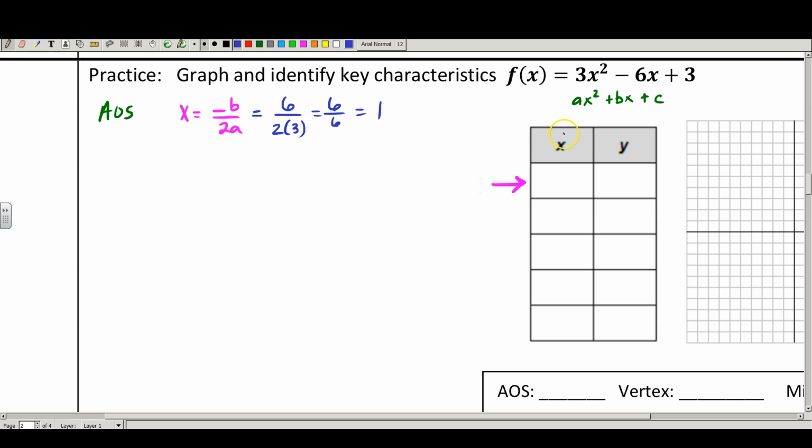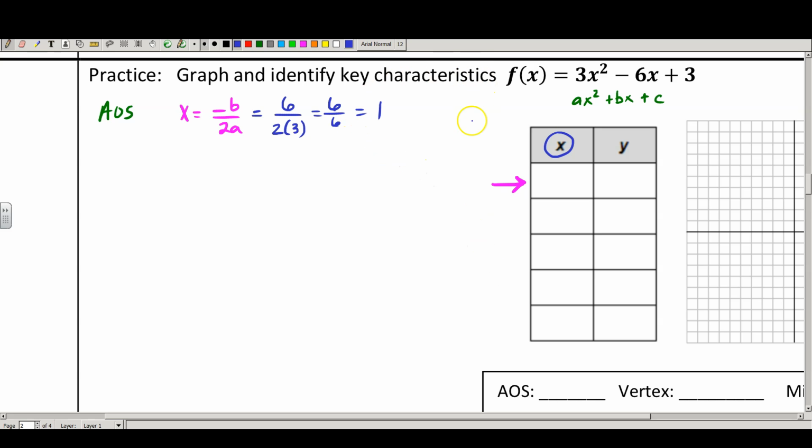So again, for an XY chart here, we're just showing the different types of solutions that we could have. Of course, there's an infinite number of solutions, and the x values, the domain, is all real numbers. So we could plug in any number into the function.